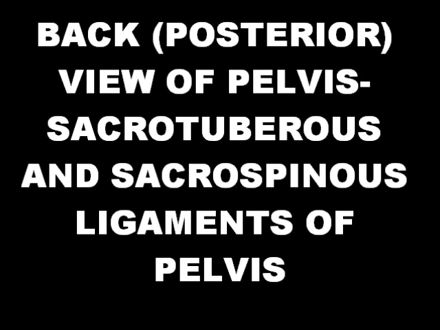Okay, next we're going to talk about the back part of the pelvis, the posterior view of the pelvis, including, importantly, the sacrotuberous and the sacrospinous ligaments of the pelvis.